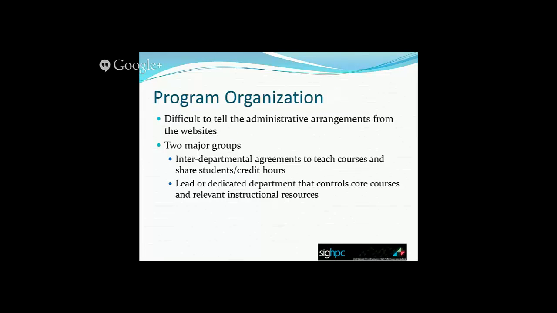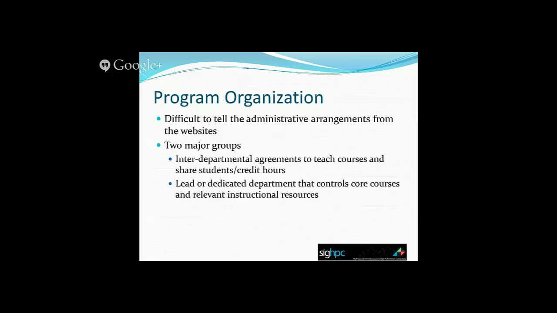So the last things I want to focus on are program organization and some of the relevant questions about program success. It's difficult to tell the administrative arrangements in very much detail from the websites, but generally they seem to fall into two major groups. So one group is interdepartmental agreements to teach courses and share students and credit hours.